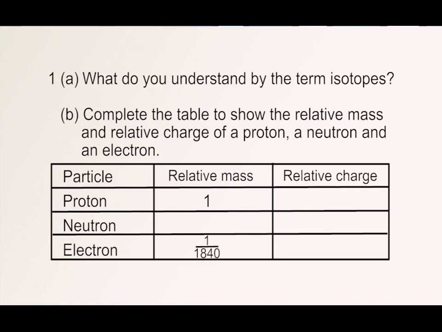the heading relative charge. You have been provided the relative mass of proton to be 1, the relative mass of electron to be 1 over 1,840, and you are expected to give the relative mass of neutron and the relative charges of proton, neutron, and electron.